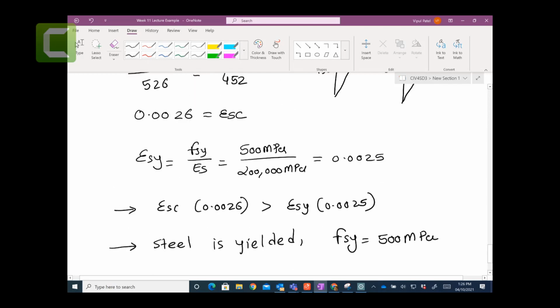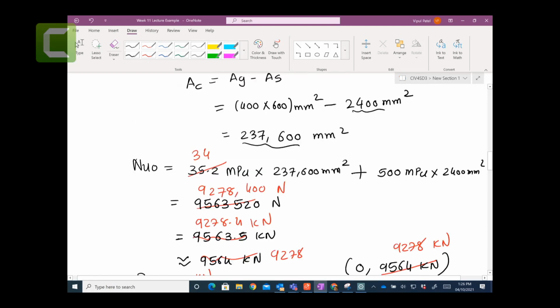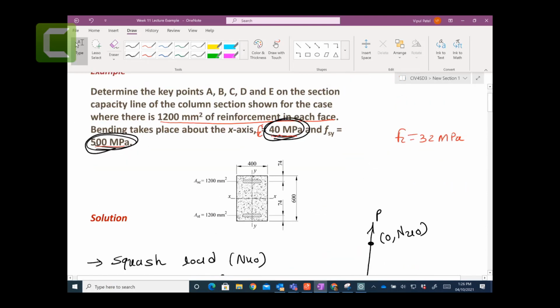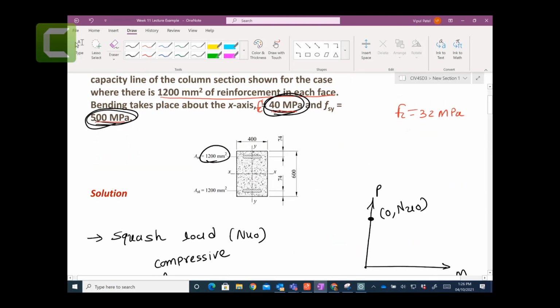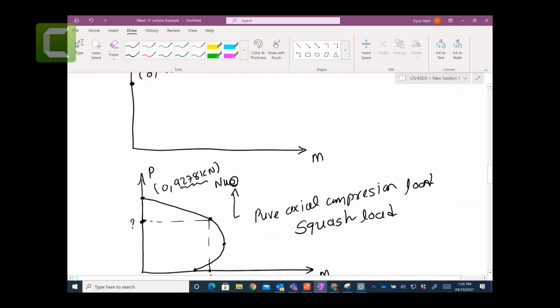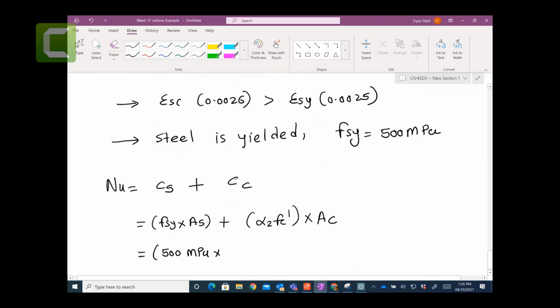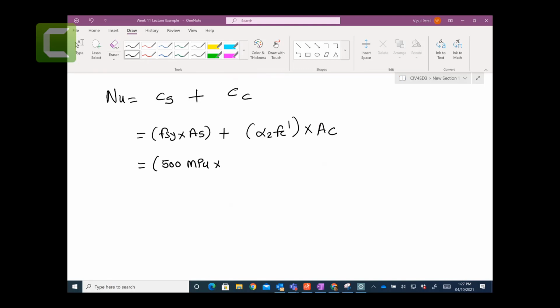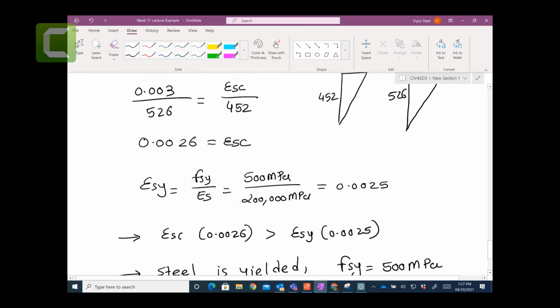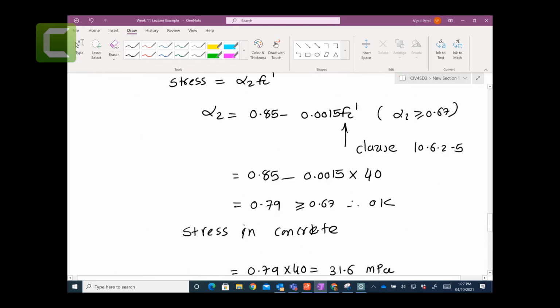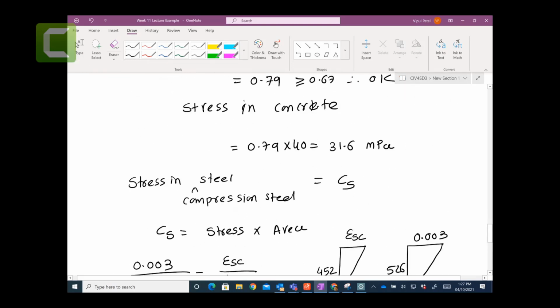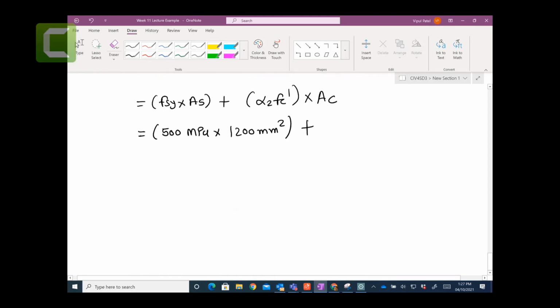Area of the steel for this compression one is, let's say, 1200 millimeter square. We don't take 2400 because the tension one is 0, so you have this 1200 millimeter square plus α2 fc dash. We calculated that, right?